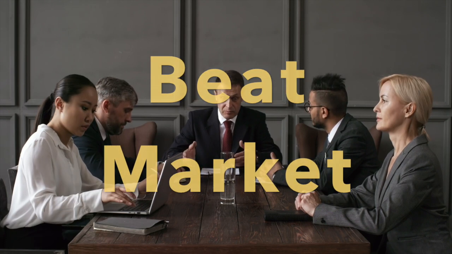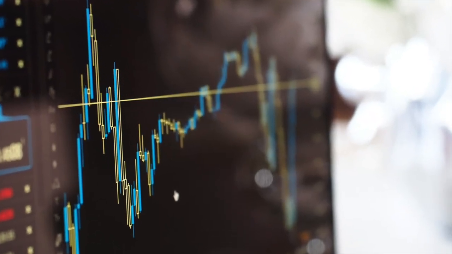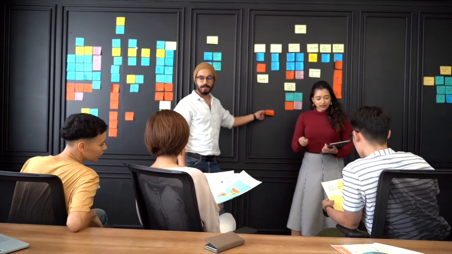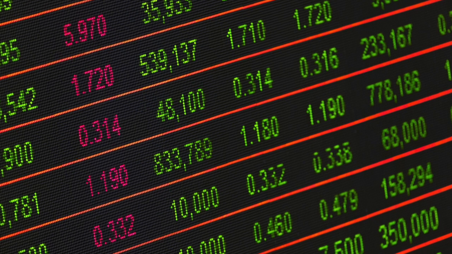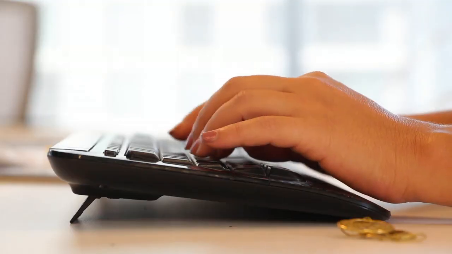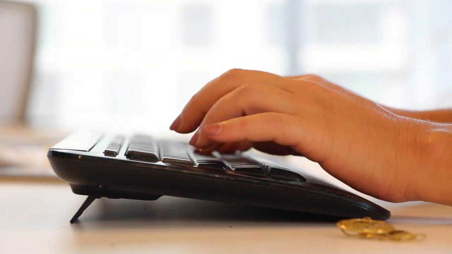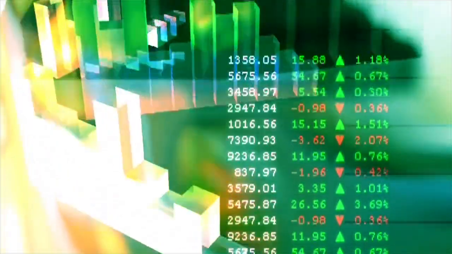The goal of active investors is to beat the market or outperform certain standard benchmarks. It involves an analyst or trader identifying an undervalued stock, purchasing it and riding it to wealth. For example, if you're an active investor, your goal may be to achieve better returns than the S&P 500.